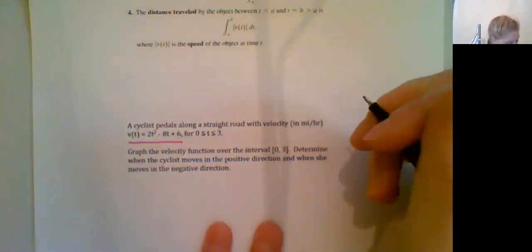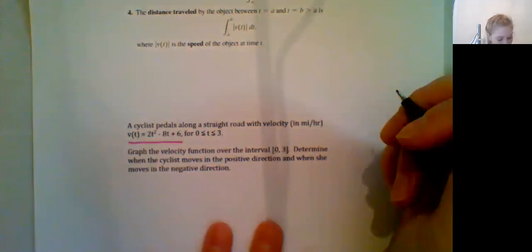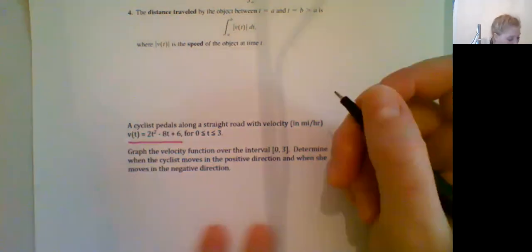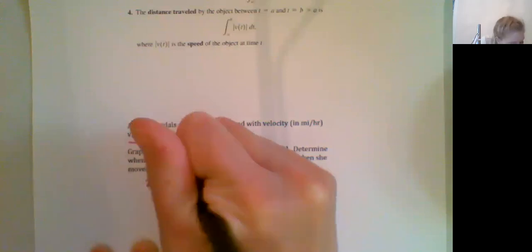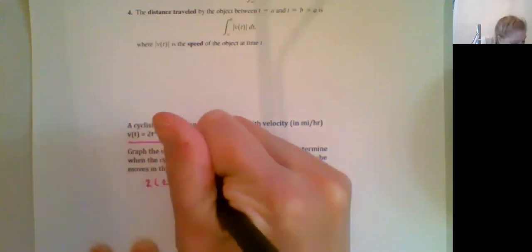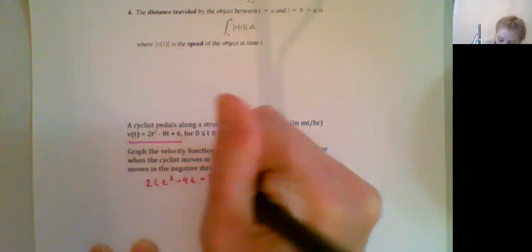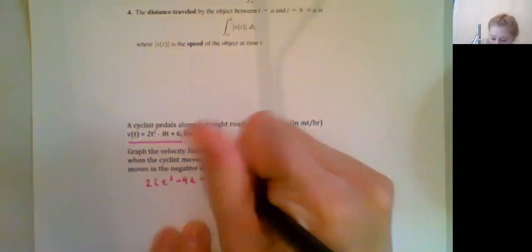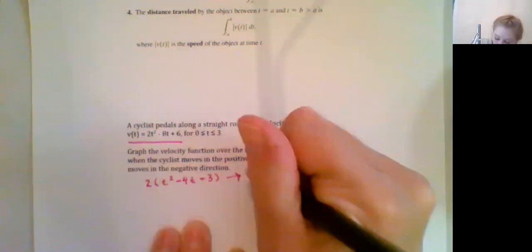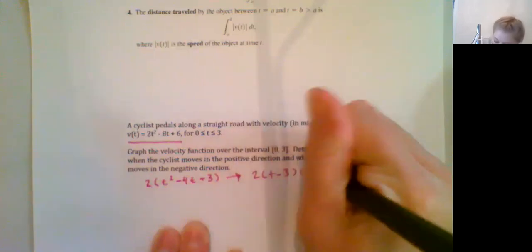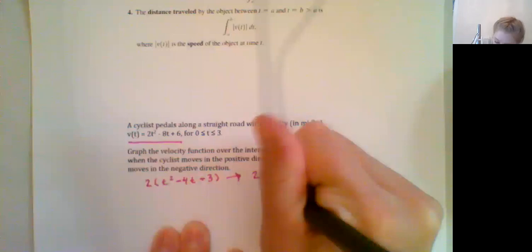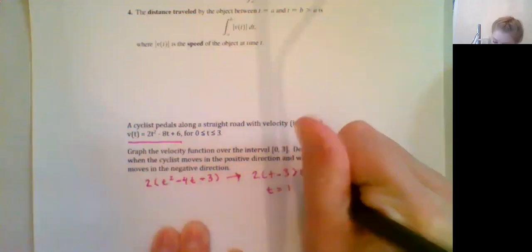And what I noticed was it gave me a function. And what I want to draw your attention to is I could factor out a 2. And then if I were to factor this, that would give me t minus 3 and t minus 1. So a time of 1 and a time of 3.